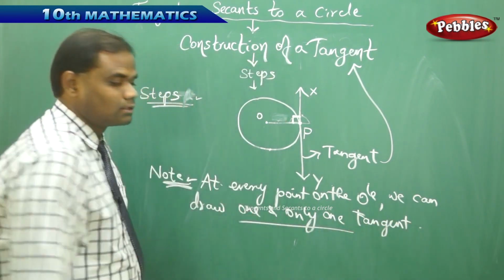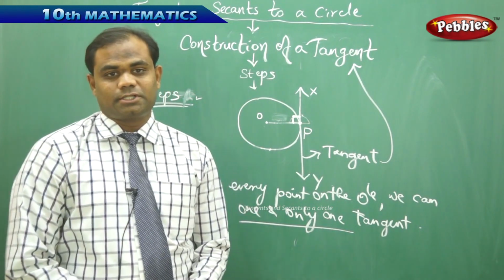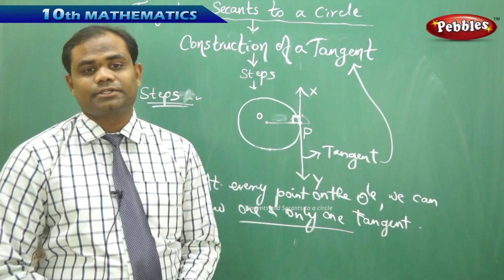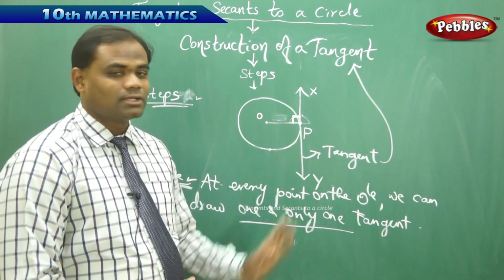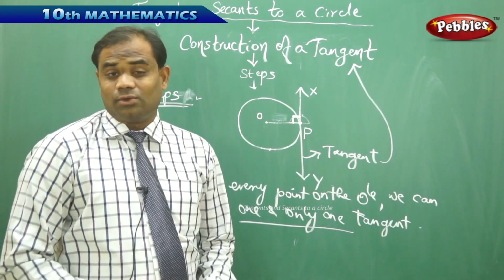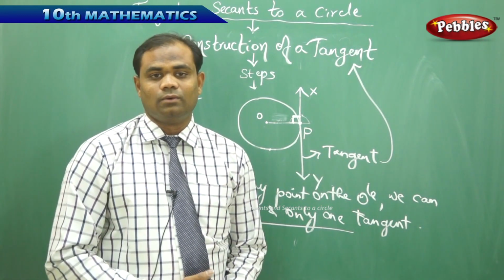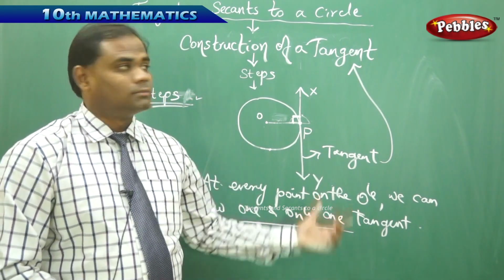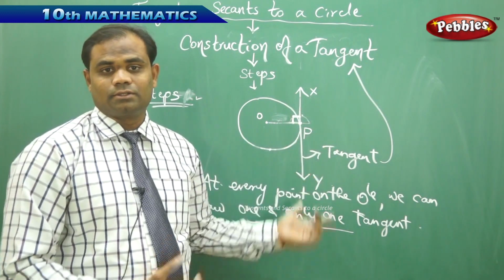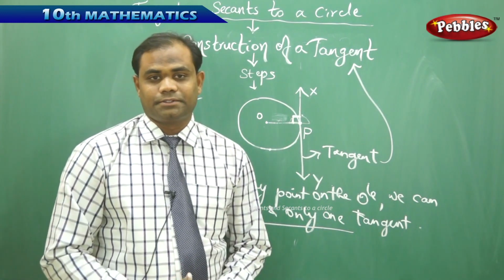One and only one tangent, which clearly is evident through the construction as made. One point on the circle, only one tangent. No two tangents can be drawn from one point on the circle, is how we come with the learning outcome through the construction of a tangent using the geometrical knowledge.